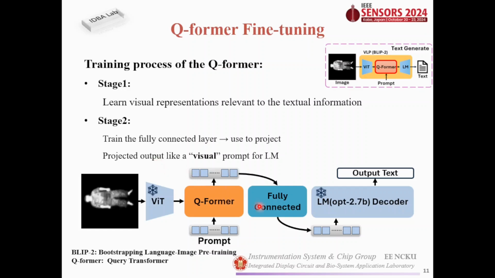Stage 2, the Q-former connects to the language model through a fully connected layer. This layer is trained to project the output of the Q-former into the same dimension as the language model's text embeddings. The outputs of the layer serve as a visual prompt for the language model, helping it to generate captions.